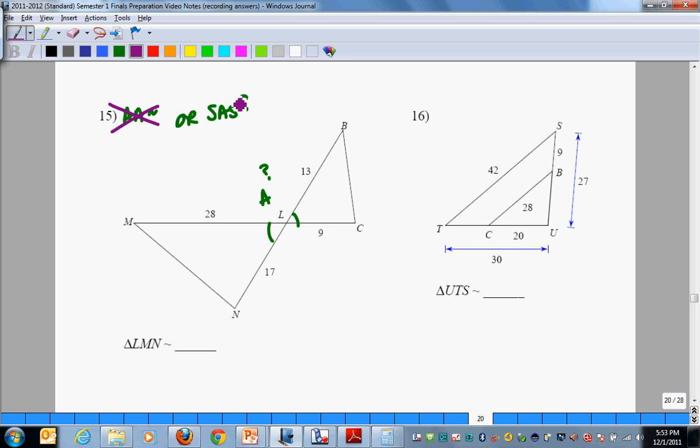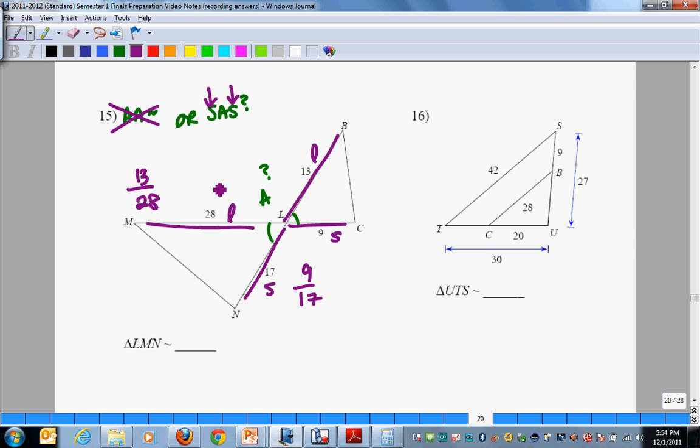Let's check the sides, see if the side ratios work. So I'm going to take the shorter side here and match it with the shorter side here, which is 9/17. And the longer side here and match it with the longer side here, which is 13/28. Notice the direction I'm going. You have to be consistent in your direction.